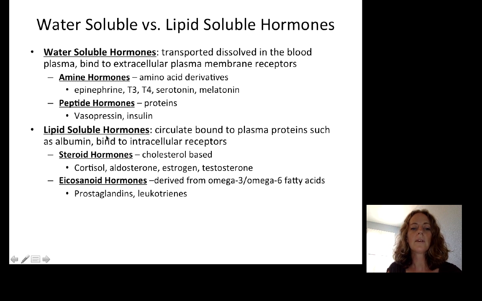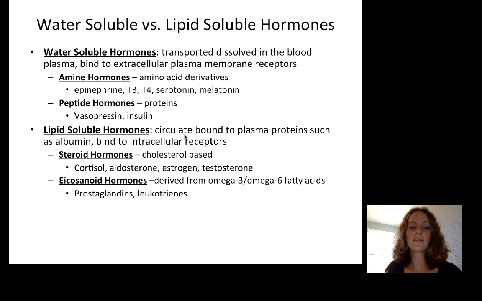Lipid-soluble hormones, for example, steroid hormones, which are made from cholesterol. Some of these are the ones that get a lot of press: cortisol, estrogen, testosterone, aldosterone, which we'll learn about when we get more into the kidneys and blood pressure regulation, and then eicosanoid hormones. These are derived from fatty acids rather than cholesterol, and these are prostaglandins, leukotrienes, others.